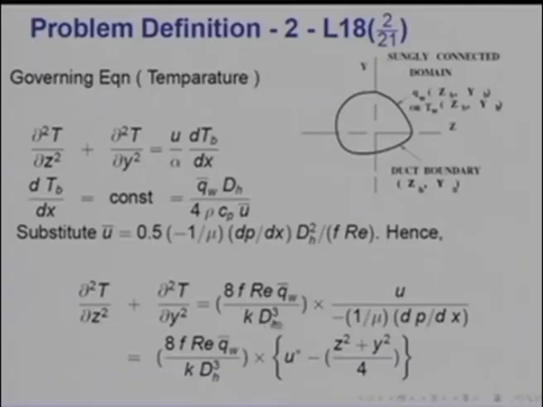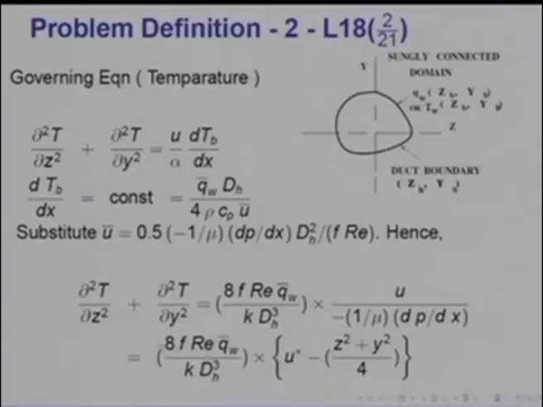by k dh cube, k being the thermal conductivity, dh the hydraulic diameter, multiplied by u over minus 1 over mu dp dx, and this quantity we defined as u star, minus z square plus y square by 4, with this as a multiplier.